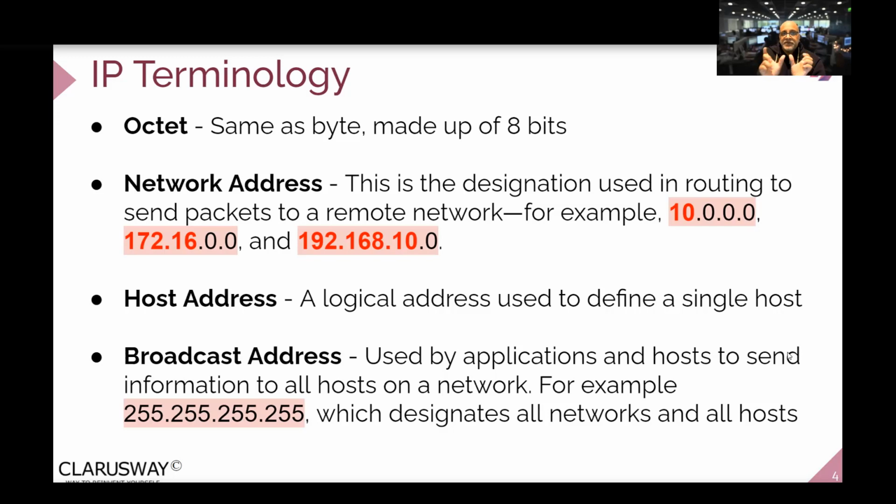When you have 8 of them together, that's called a byte. 4 of them is called a nibble. We're not going to talk about the nibble here, but 8 of them is called a byte. But that same byte is called an octet, because it's 8 bits. 8 bits, octet, byte. Okay, they're synonymous.